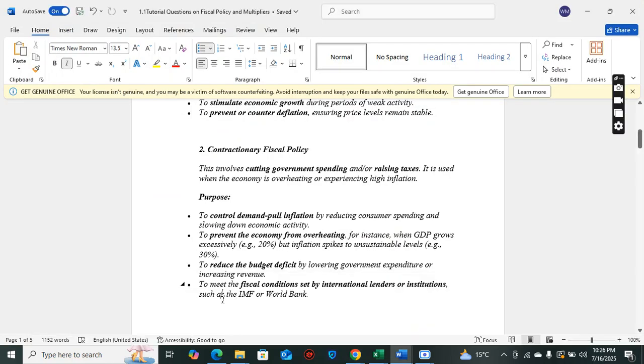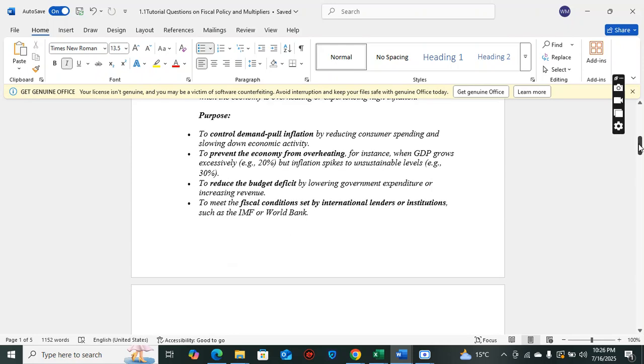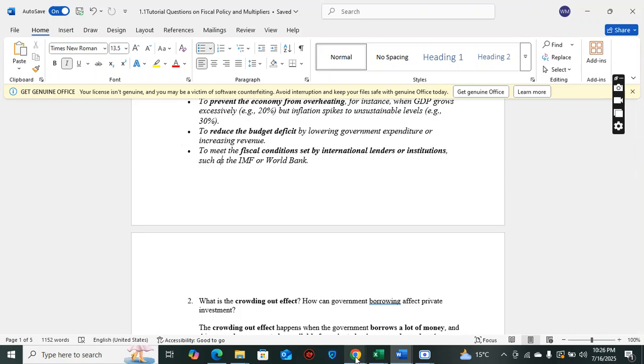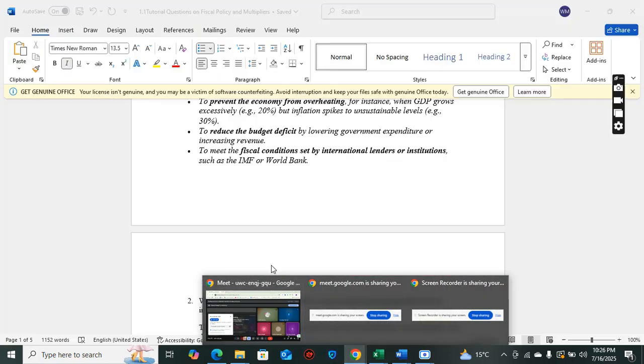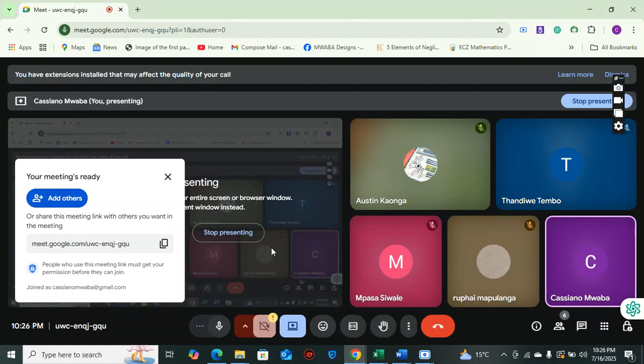Any questions? Colleagues, one of you will be the Minister of Finance and you'll be in charge of determining how the country is going to spend its money and also raise its money.